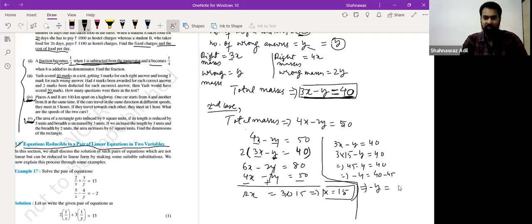How much, Adil? Minus 5. 40 minus 45, which has the greater sign? 45, so this will be the sign. So the minus cancels and you have Y as 5. So he attempted 15 correct answers and 5 wrong answers.